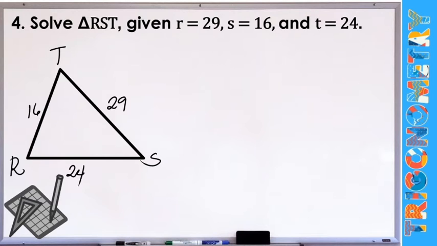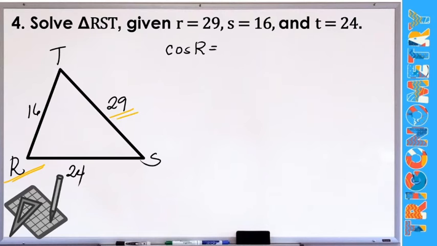Hanapin po natin yung pinakamahabang side. Ang pinakamahabang side ay 29. So, ang katapat ni 29 ay yung R. So, ang kukuhanin natin is angle R. So, the formula is, we're going to have cosine R. Ganito gagawin po natin.